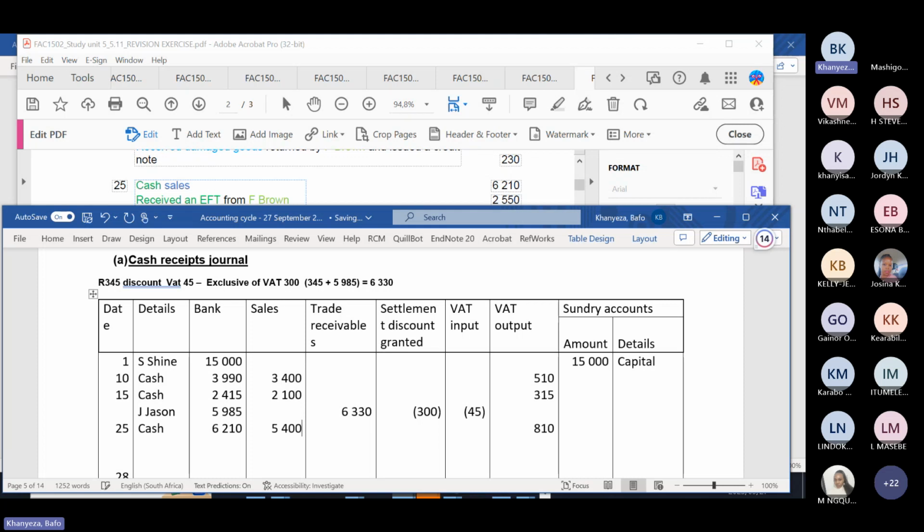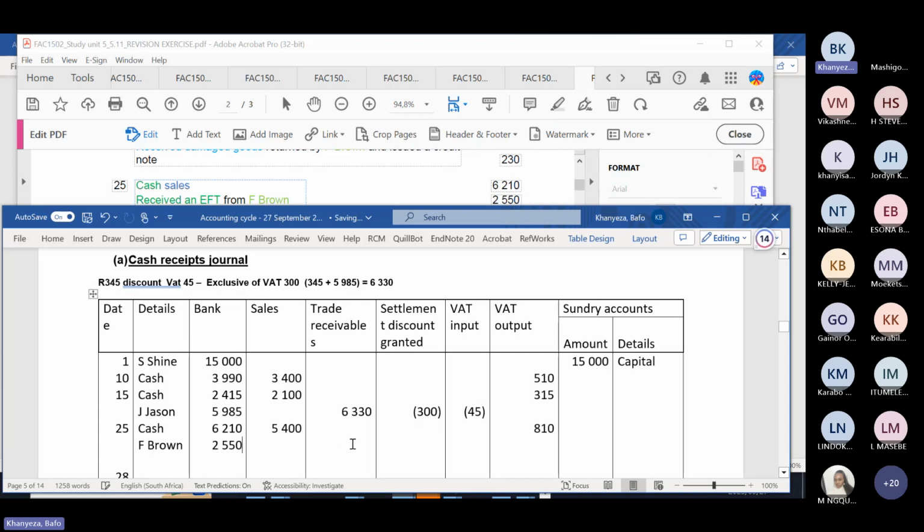Received an EFT from F Brown. On the same day, we also received an EFT from F Brown. Again, a reminder: F Brown is paying his debt now. F Brown pays 2550 into the bank.